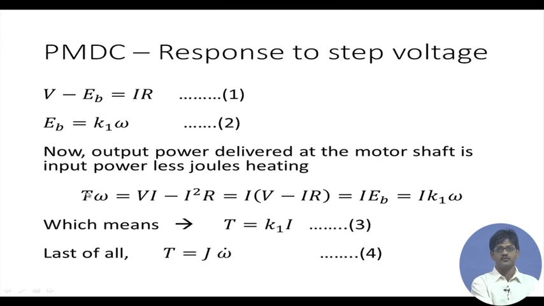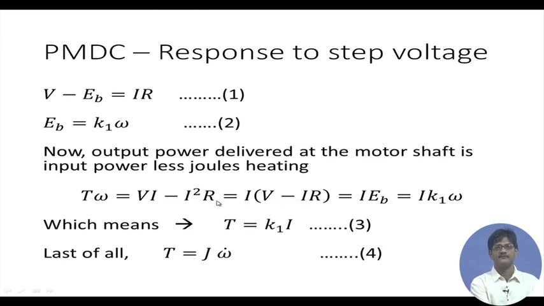Further, the output power, just like power is equal to force into velocity, in angular form we can write as torque into angular velocity. That must be equal to the total power which I am investing in the system, which means voltage into current, minus the Joule heating component, which is I squared R. So I can write V minus IR, taking I common.